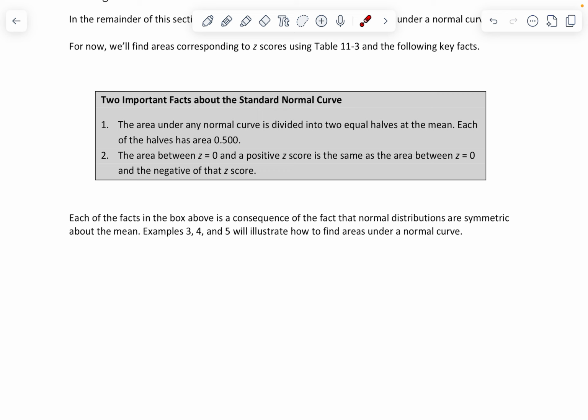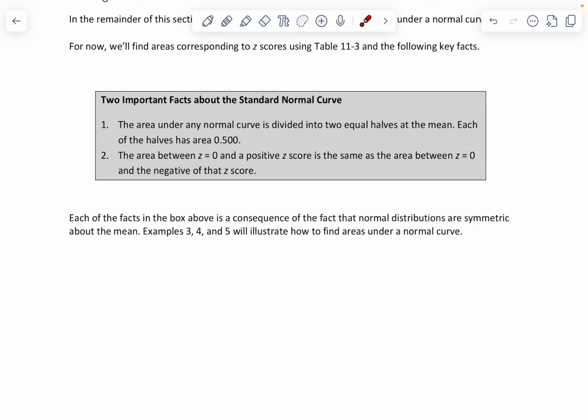So you draw a vertical line right through the mean of a normal distribution. The area to the left is exactly the same as the area to the right. Because of the symmetry of the curve, they both have an area of 0.5. They're both half the area. The area between a z-score of 0 and a positive z-score is the same as the area between a z-score of 0 and the negative of that z-score.